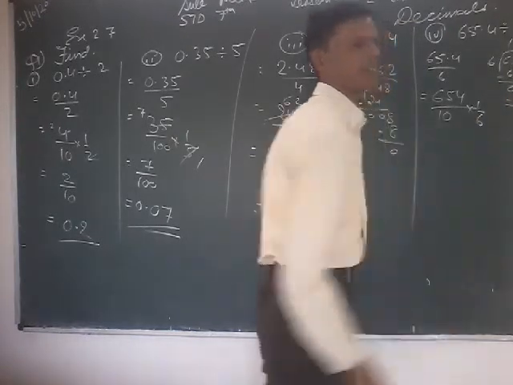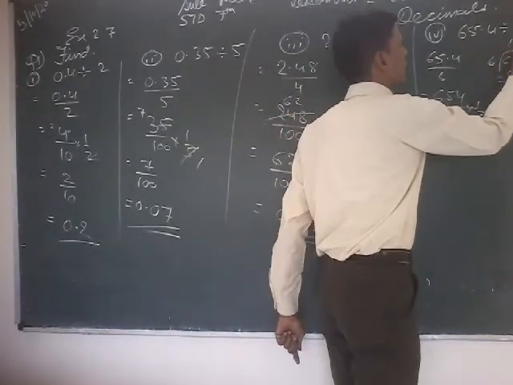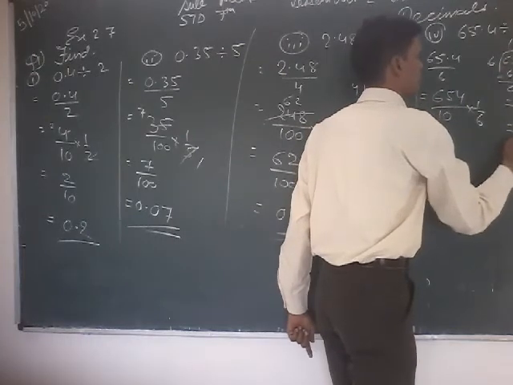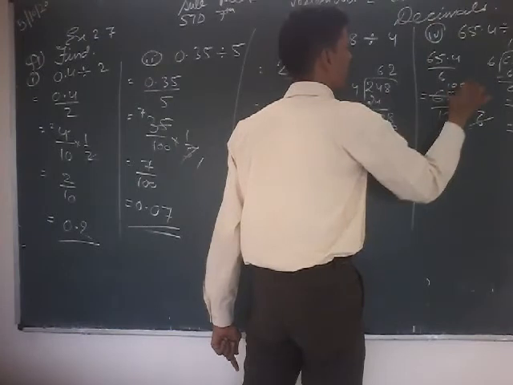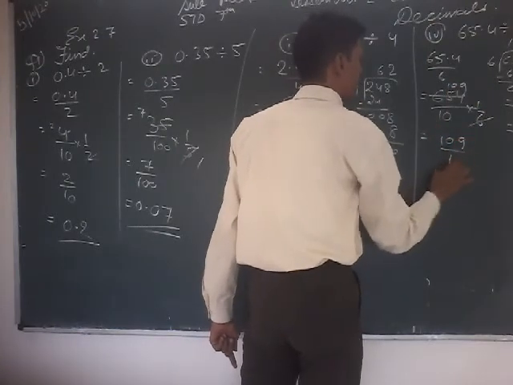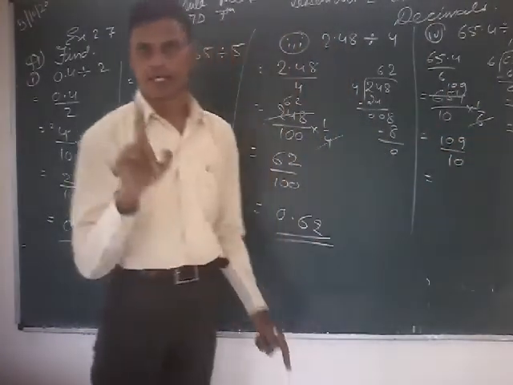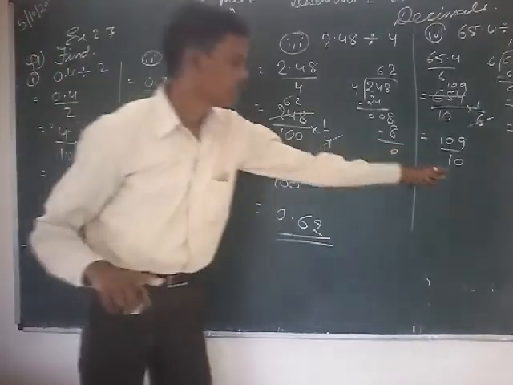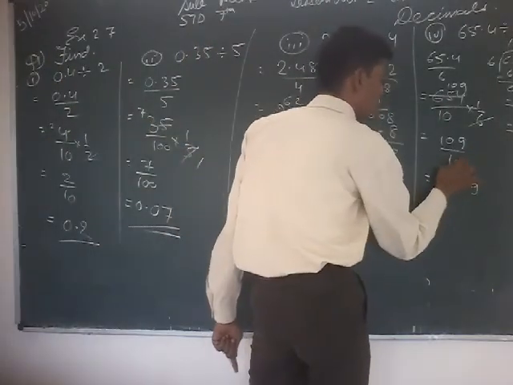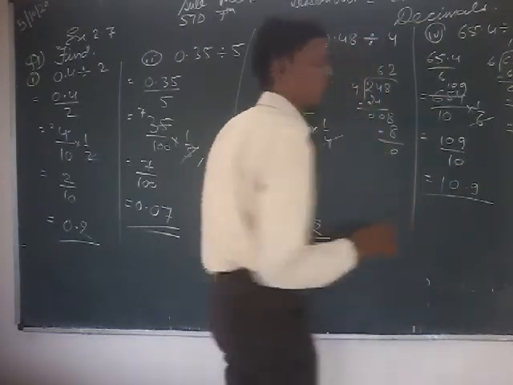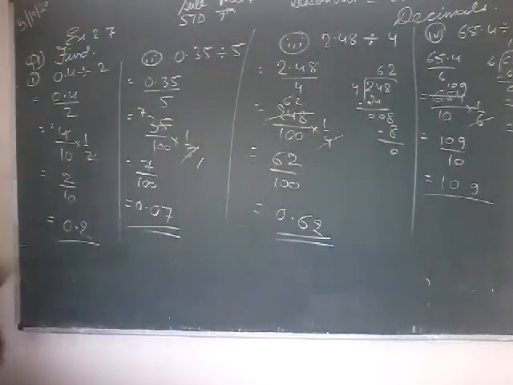Bring this 4 here. 6 nines are 54. So 6 ones are 6, 6 zero, 6 nines: 109 upon 10. There is 10 at the place of denominator, so we will count one digit on that side, and 10.9 is the answer.